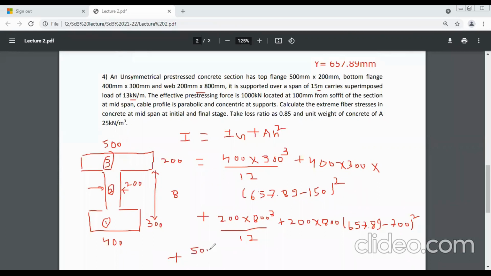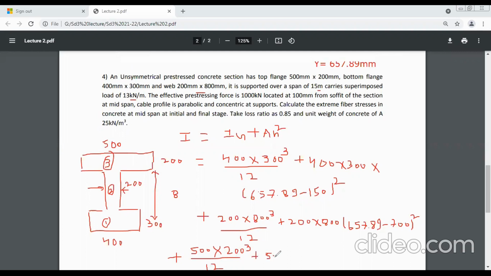200 cube divided by 12, plus A3, 500 into 200.